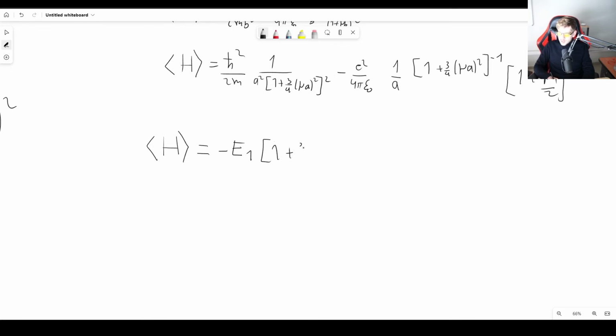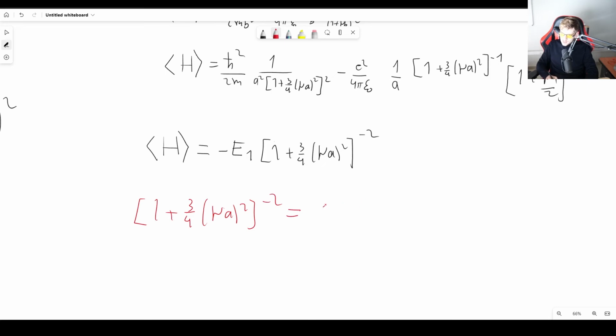So 1 plus 3 over 4 mu a squared to the minus 2. But what is this bracket? We can expand it. So 1 plus 3 over 4 mu a squared to the minus 2, we can expand this, and it is 1 minus n, which is 2, times 3 over 4 mu a squared.